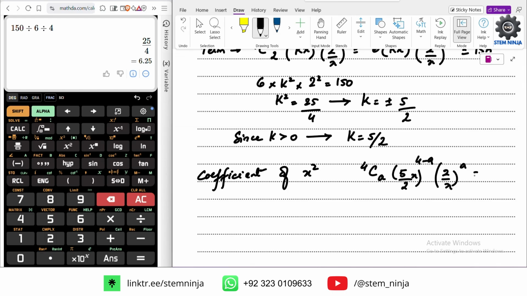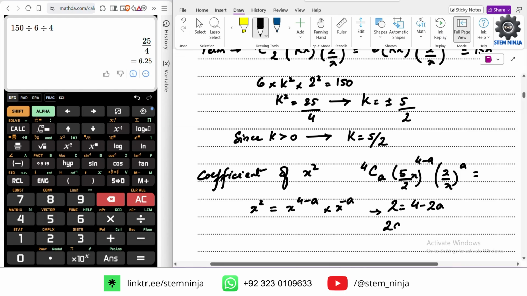So we need to know where we get x squared, so that would result from x to the power 4 minus a times x to the power minus a. We have to do the same thing again. So you have 2 this time equal to 4 minus 2a. So 2a equals 4 minus 2, which is 2, so therefore a is 1.